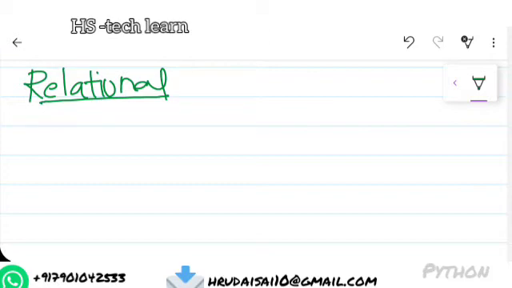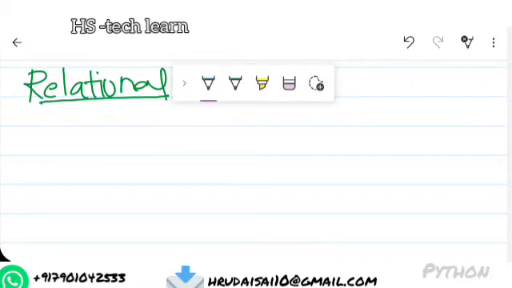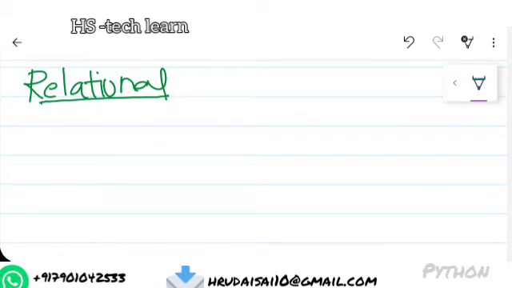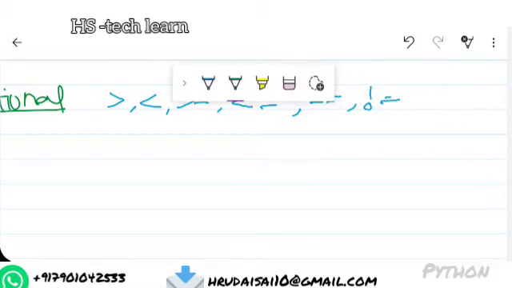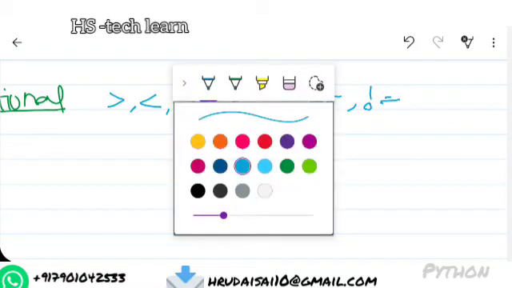We are going to check those with these relational operators. So now we will see what relational operators we have in Python: greater than, less than, greater than or equal to, less than or equal to, this is equals to, this is not equals to.